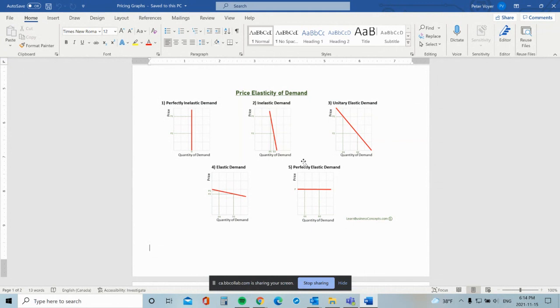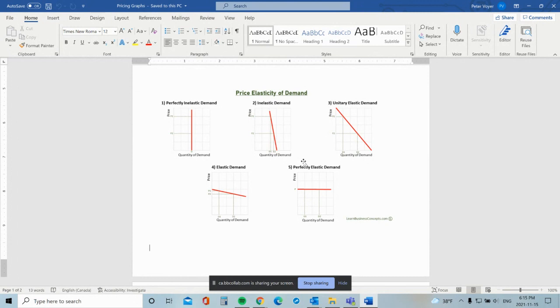Medications, some pharmaceuticals, are classic examples of those conditions that are, as we call them, inelastic from an elasticity perspective. So they're highly inelastic. Oil, gas, those kinds of things, highly inelastic. Why? Because a big change in price won't result in much of a change in quantity demanded.